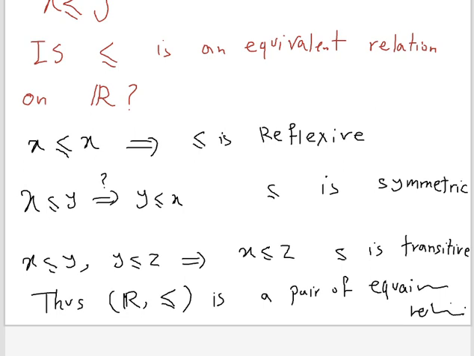If x is less than or equal to y, can we say that y is less than or equal to x? No, so it is not symmetric. If x is less than or equal to y and y is less than or equal to z, then x is less than or equal to z. Okay, this is trivial, so this relation is transitive.